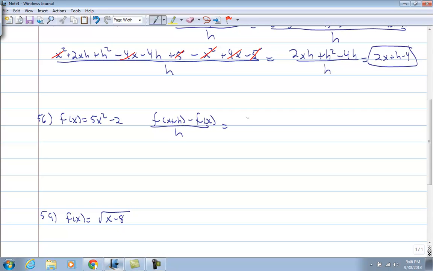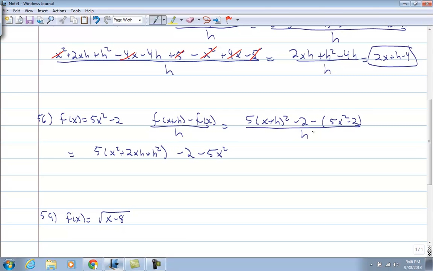So this is going to be 5 times the quantity x plus h squared, because it's x squared, we're doing f of x plus h, so that goes in there, minus 2 minus 5x squared minus 2 all over h, equals 5 times x squared plus 2xh plus h squared minus 2 minus 5x squared plus 2 all over h.